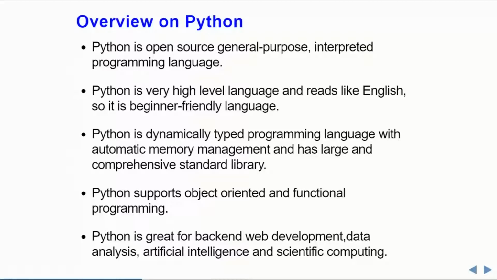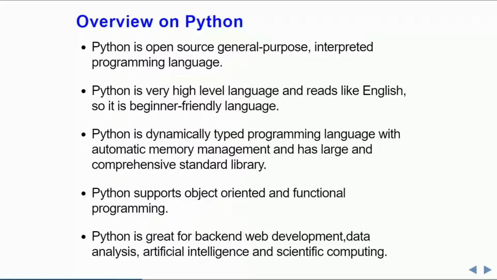Python is an open source, general purpose interpreted programming language. This means there is no charge to download, install, or run the program on any computer. The software is available on different operating systems, which gives it universal appeal and cross-system functionality.